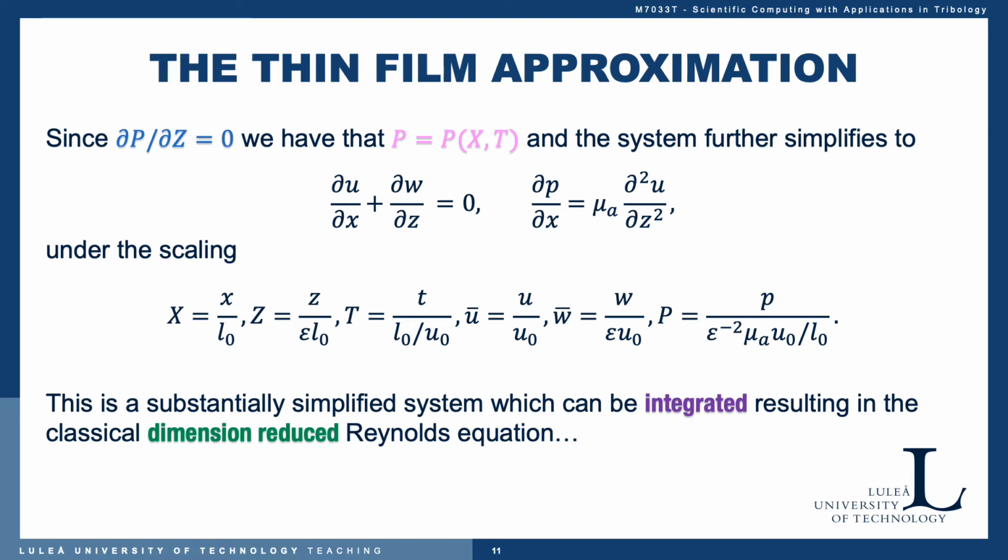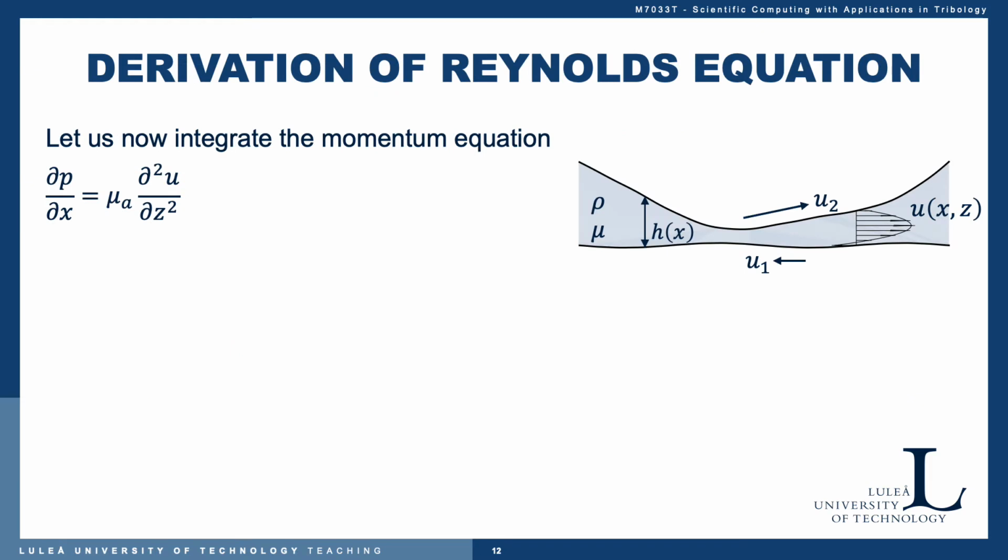Then we had this greatly simplified system of equations which we could integrate, and that would then result in the dimension-reduced Reynolds equation.